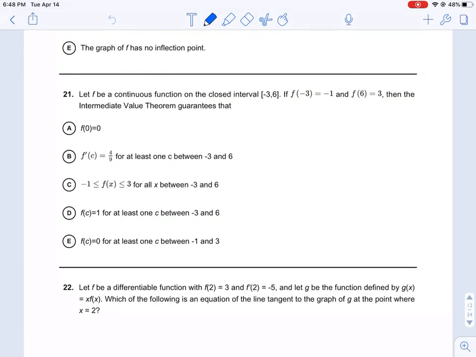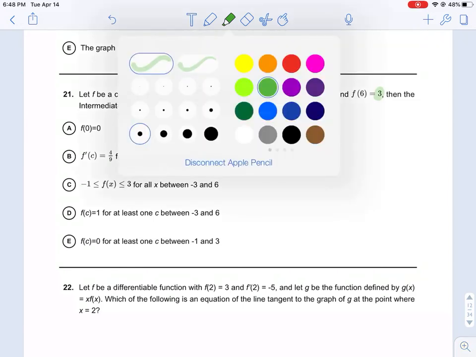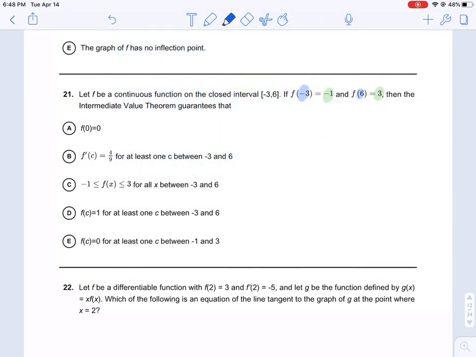21 is: let f be a continuous function. Then the intermediate value theorem guarantees... So what we have here, we have a y value changing from -1 to 3 with x values from -3 to 6. So the mean value theorem guarantees that f of 0 equals 0? No, somewhere it equals 0, but not necessarily at 0. I don't know why they would even say that. Here they tell us the derivative is 4/9.